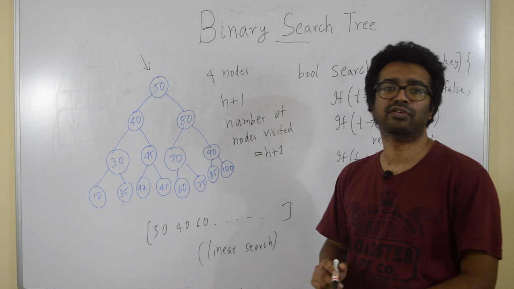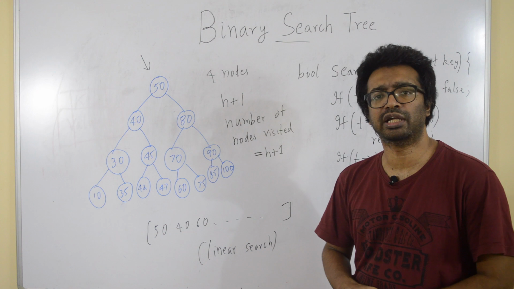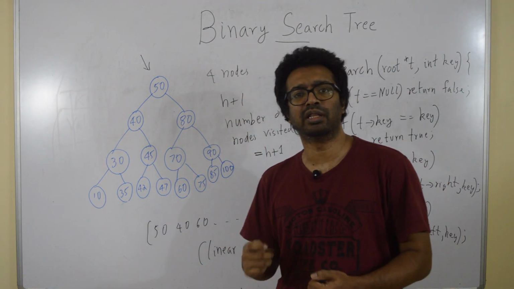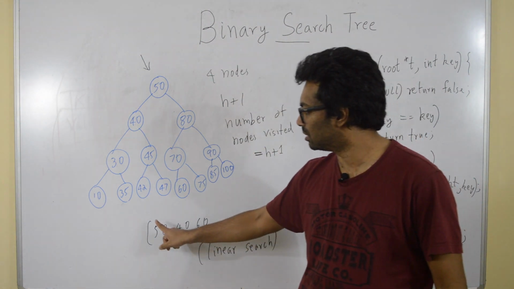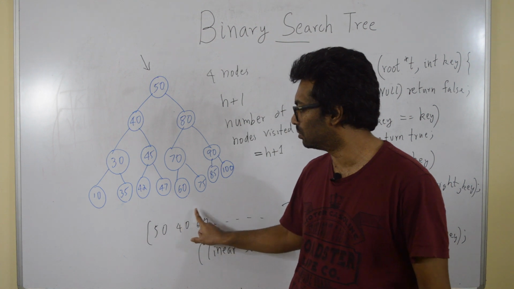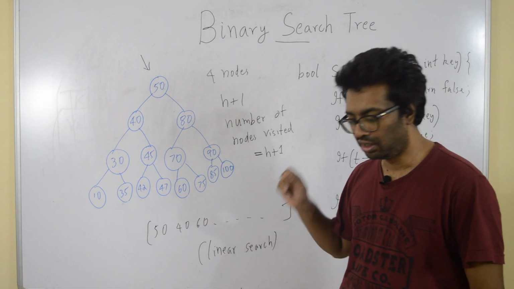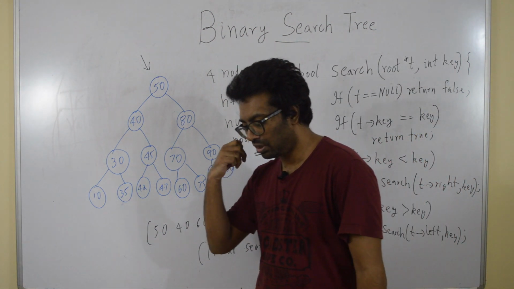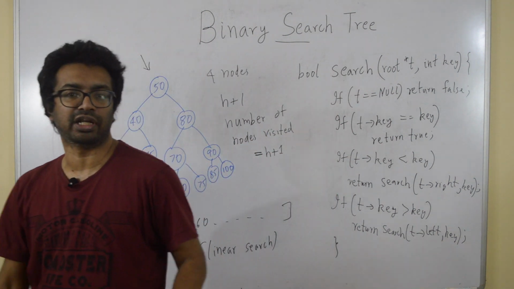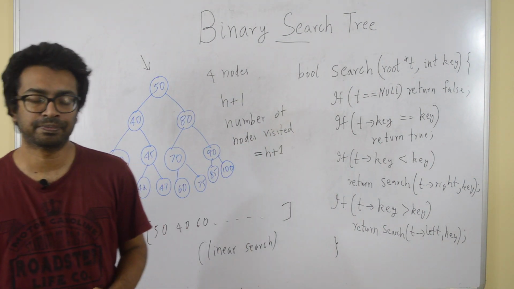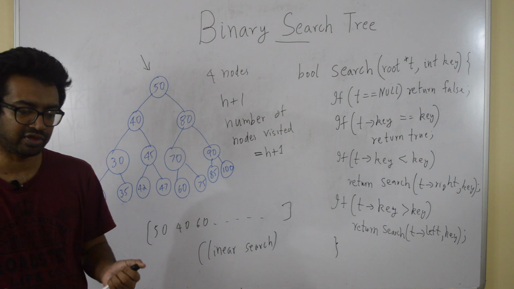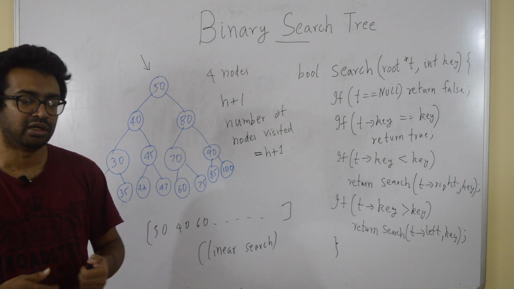If you have an array of numbers and I want to search for a number in that array, all I can do is start from here: 1, 2, 3, 4. I keep on going. I will have to look at all the entries of the array to decide whether a number is there. If I find it in the beginning, good, that's fine.